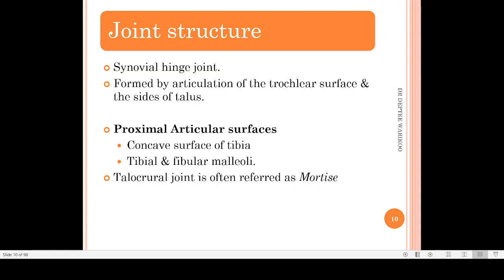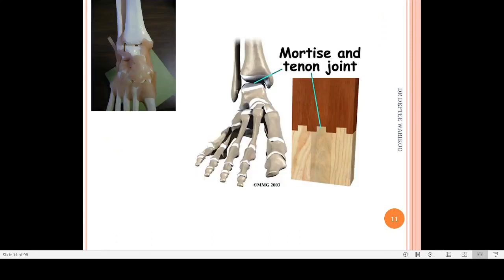You could see the proximal articulating surfaces are the concave surface of the tibia, the tibial and fibular malleoli. So we call them together, the talocrural, as the mortise. The mortise, that is the tibia, the fibula and the two malleoli. Here you could see this is the mortise. This is how it forms.